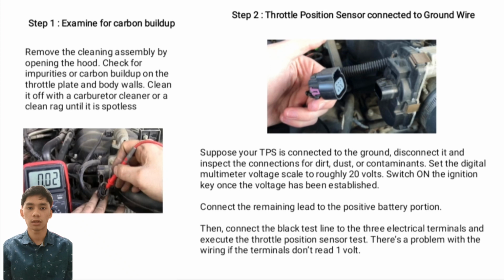Switch on the ignition key once the voltage has been established. Connect the remaining lead to the positive battery portion. Then connect the black test line to the 3 electrical terminal and execute the throttle position sensor test. There are problems with wiring if the terminal doesn't read 1 volt.